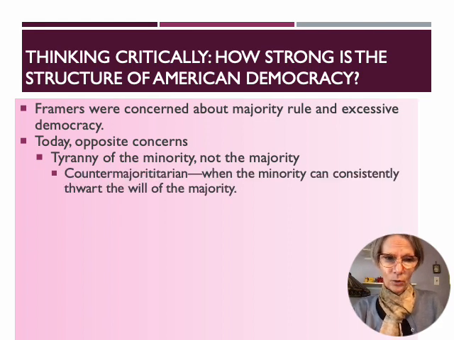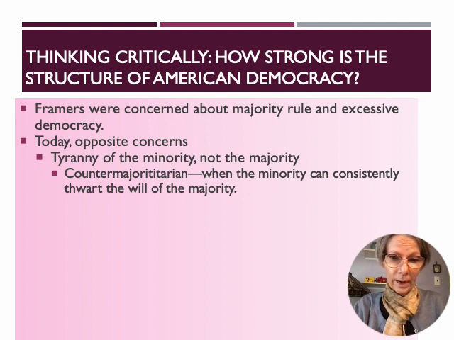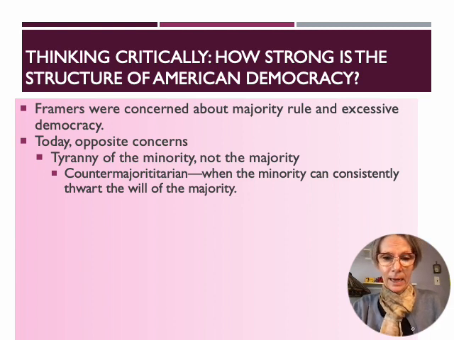And so some are saying we're living in a counter-majoritarian form of government. That is when the minority can consistently thwart the will of the majority. And I wonder whether the framers might come back and say, well, that's not exactly what we had in mind. We wanted some brakes on the will of the majority, but not to the point where the will of the majority doesn't get adequately reflected in the laws of that nation.